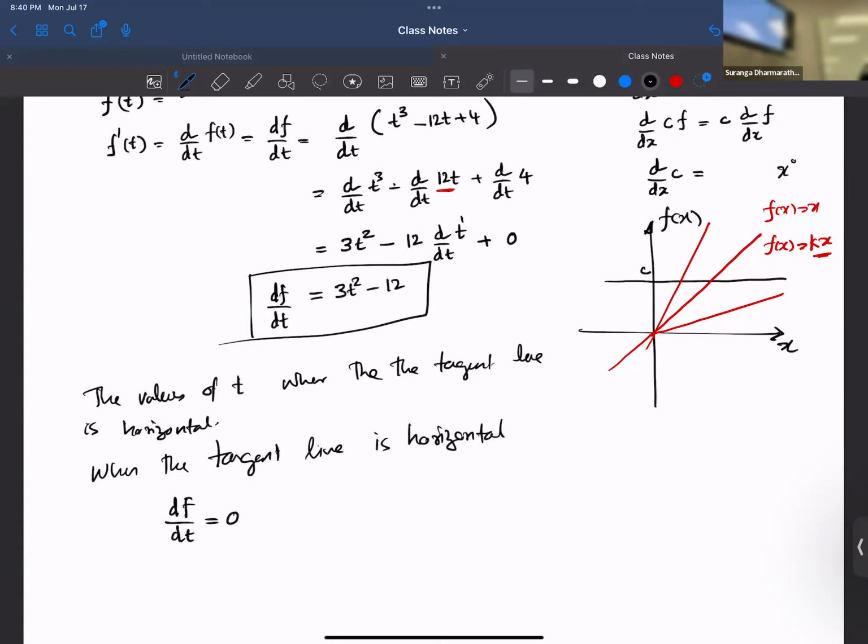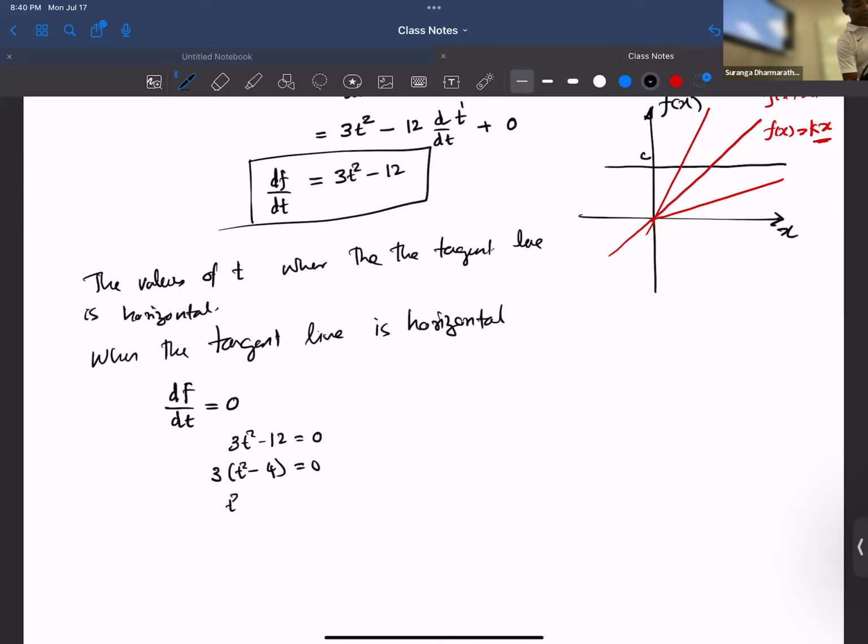So how do you find that? You just make this df over dt 0. 3t squared minus 12 should be equal to 0. Now we need to find the solutions of this equation. You can take 3 out, and then you have t squared minus 4 equal 0.